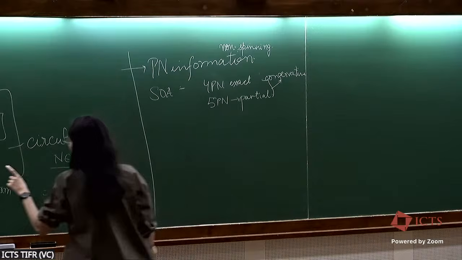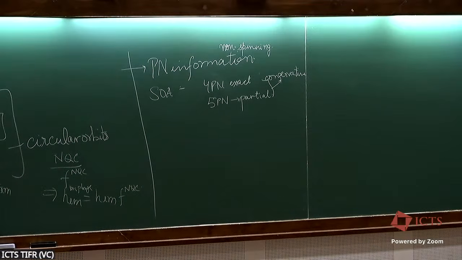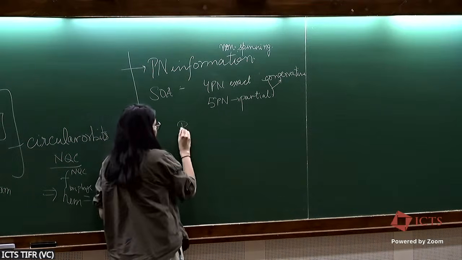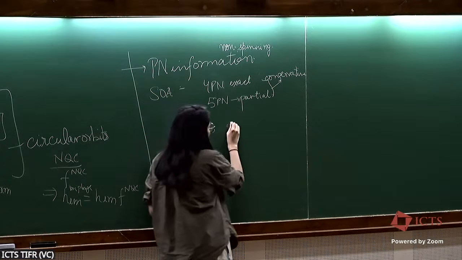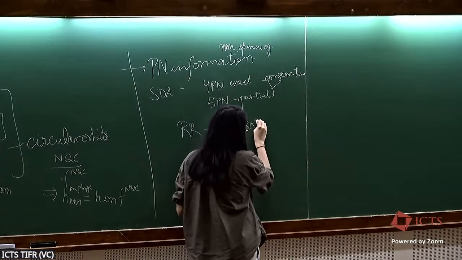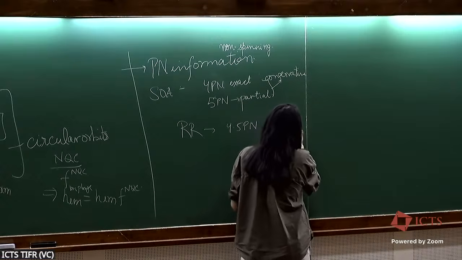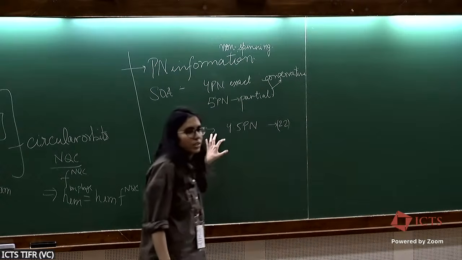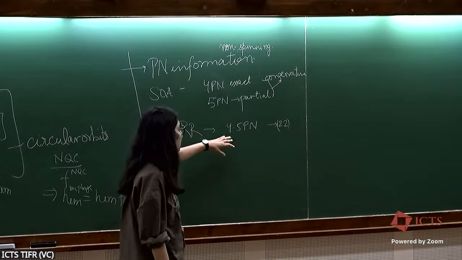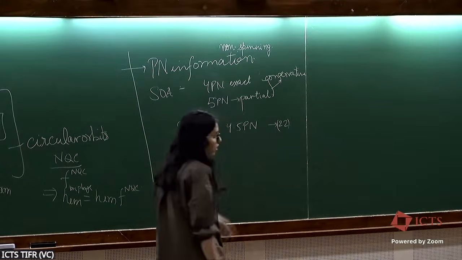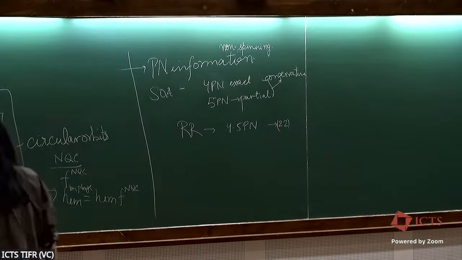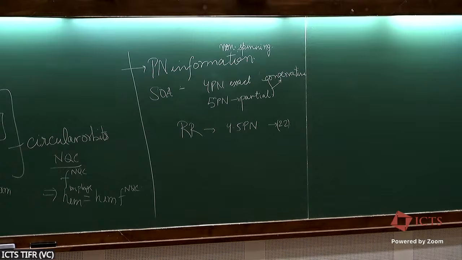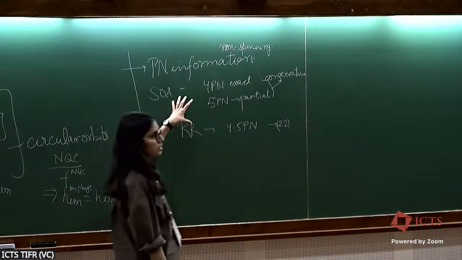And now for the radiation reaction, or the force, or the fluxes, we have 4.5 PN information for the 2-2 mode, the dominant gravitational wave mode. And then depending on the other modes, the information obtained is less, suggesting that the effective Hamiltonian, or the flux, the luminosity, or the LM modes in the EOB would also be based on this state of the art.